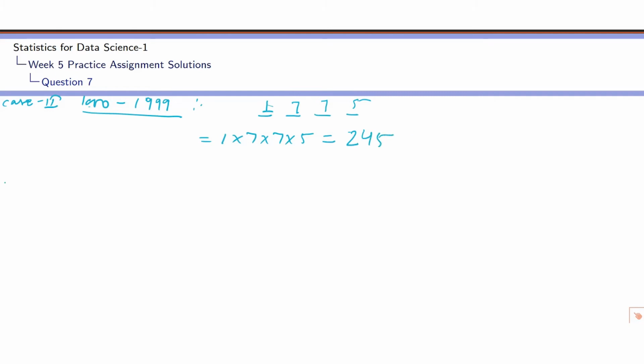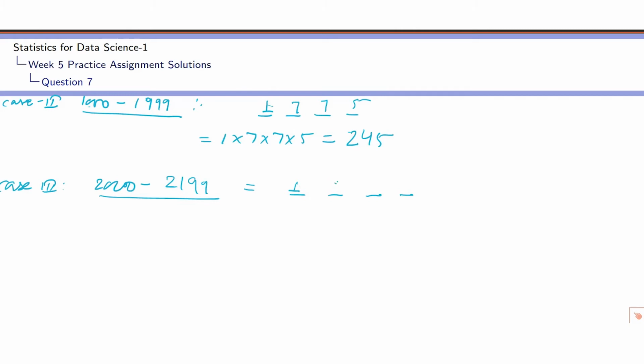Case third, let's count the numbers between 2000 to 2199. So again it is a 4-digit number. For the first place we have only one choice, which is 2. And for the second place we have two choices, 0 and 1.